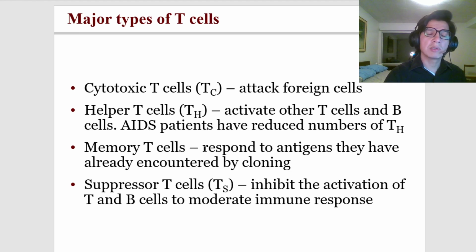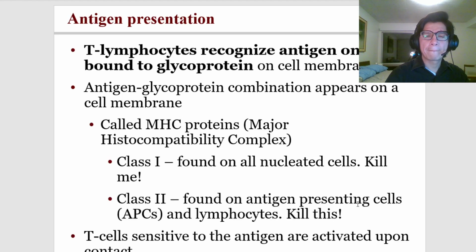Memory T cells are the ones that keep memory of this antigen. So if this antigen ever shows up again, we'll just say, hey, I have that cell that creates an antibody, so we clone it, and we have a faster response. And suppressor T cells that moderate the immune response.